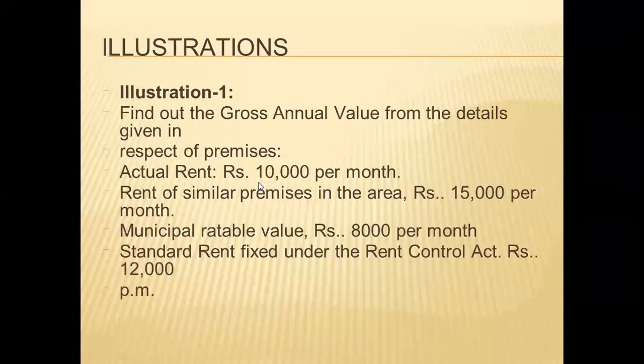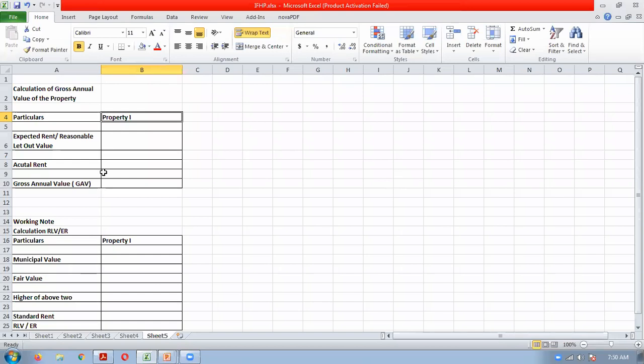Only one property is there. So let us understand. Actual rent is how much? 10,000 per month. So we will have to take the annual basis.